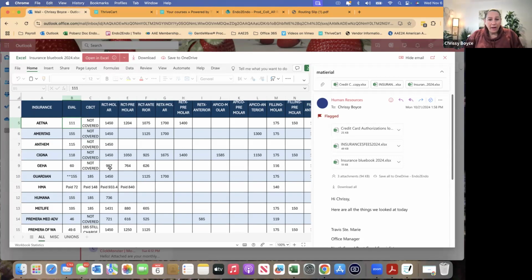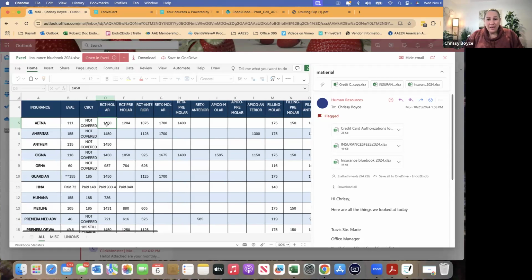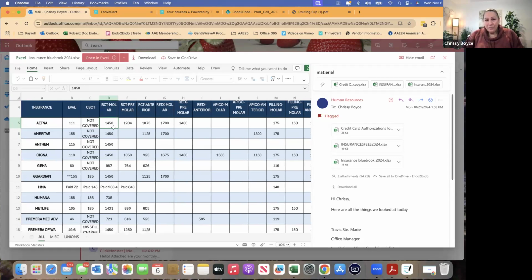So for a molar root canal, let's just say Aetna, they're going to cover, say, 80% in this patient's plan. But let's say they only have $300 left on their maximum. So we're literally going to subtract that, the 300. Yeah, we're going to subtract that.